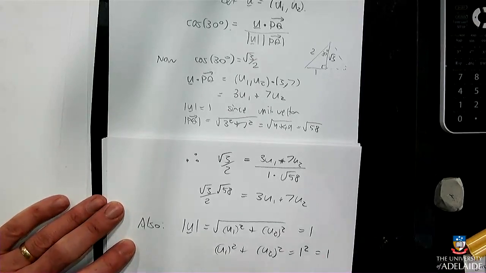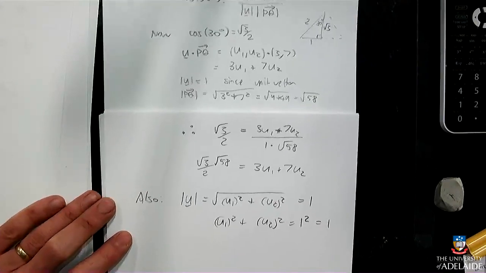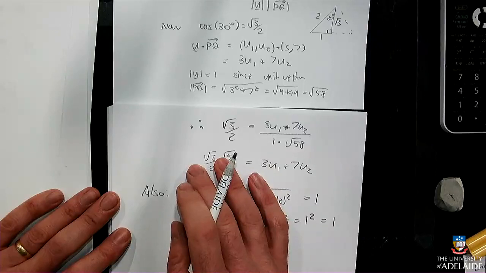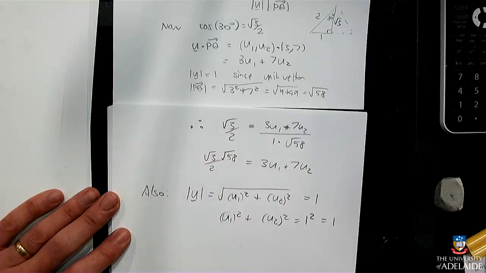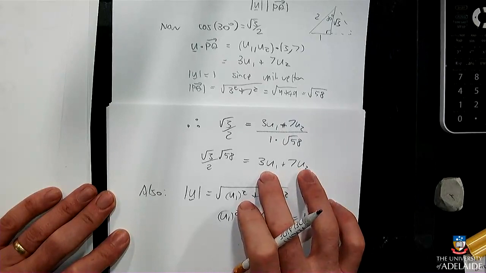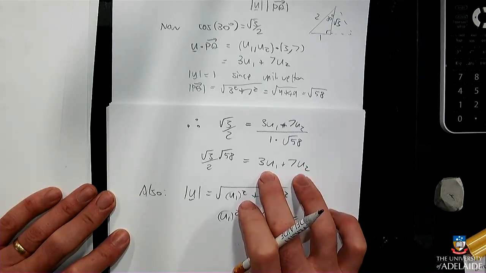There's all these squares here. I guess if I squared this one, then I would get squares. Or if I rearrange this one to get u1 in terms of u2, yeah, that might work.